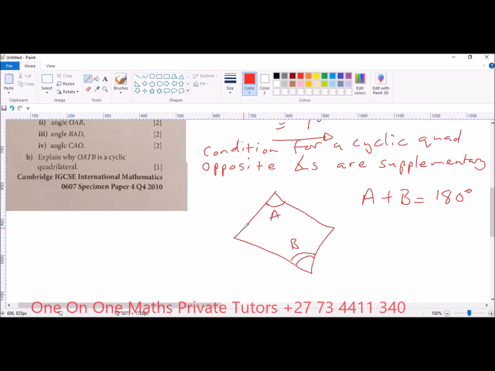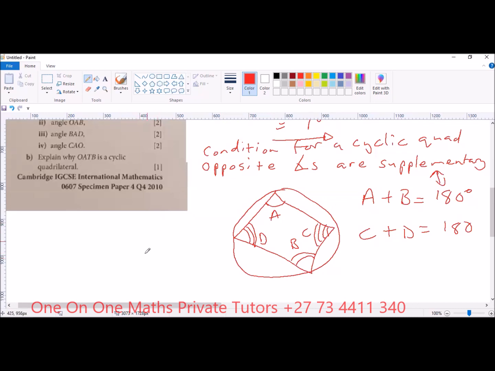Opposite angles are supplementary, which means they add up to 180 degrees. If we call this C and this one D, C plus D is equal to 180. That is the only way this can be a cyclic quadrilateral.